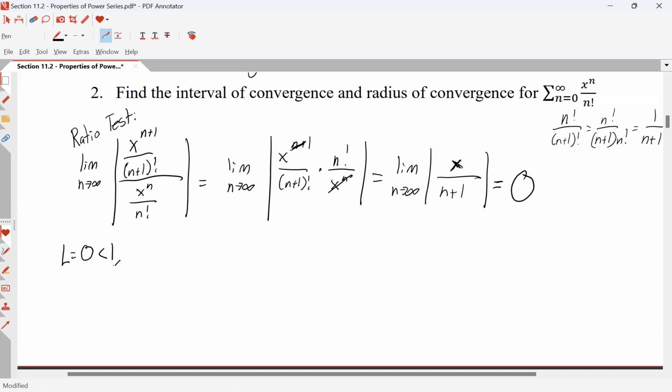So by the ratio test, this series doesn't care what x is. Like we said in this line, I could put any number in for x, this limit is still going to be 0. So meaning back here, I could put any number in for x, the limit will still be 0.